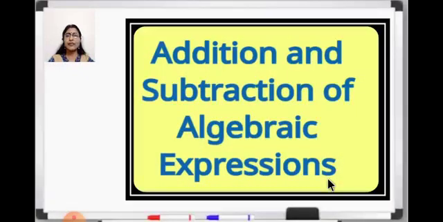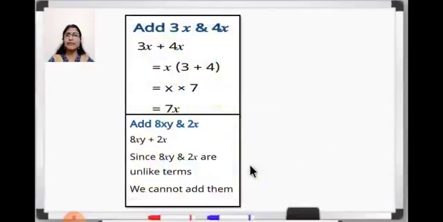Now today we are going to learn a new topic, that is addition and subtraction of algebraic expressions. We will learn how to add and subtract algebraic expressions. Let us take one example. Add 3x and 4x. So here 3x plus 4x. They have the same variable, which is x, so we can take the variable common and write the coefficients in the bracket.